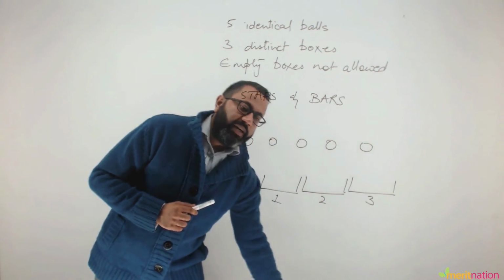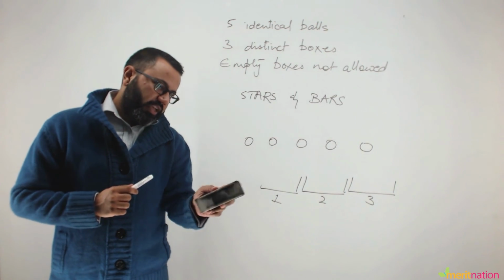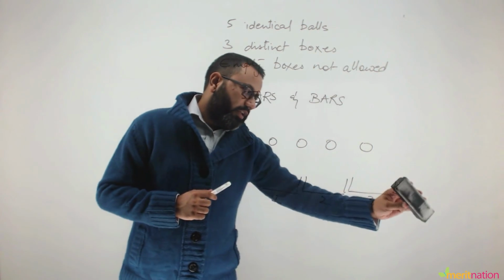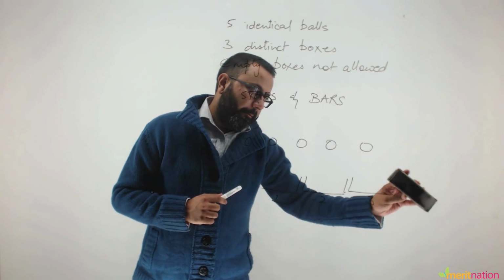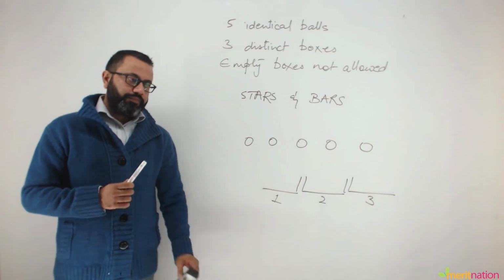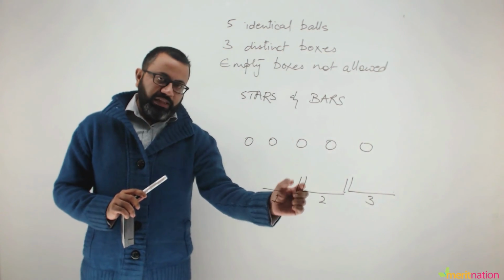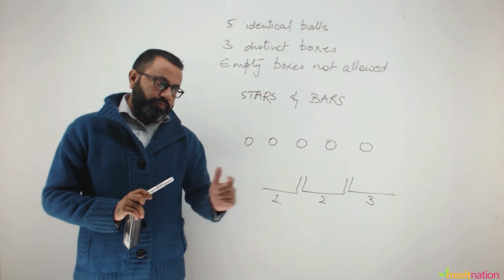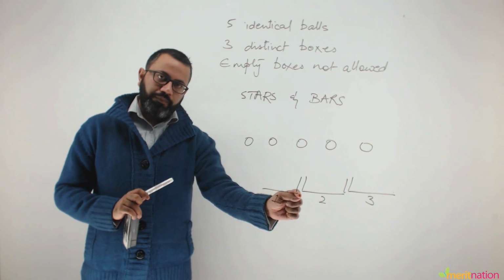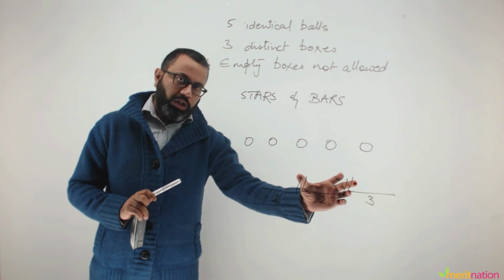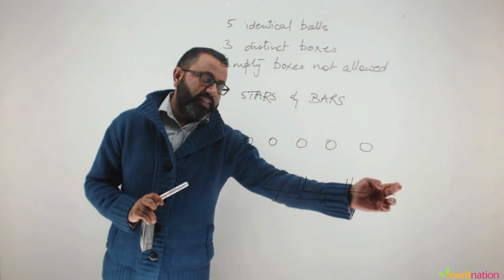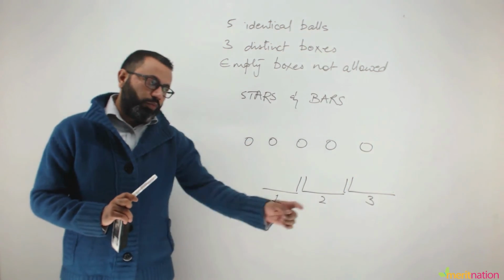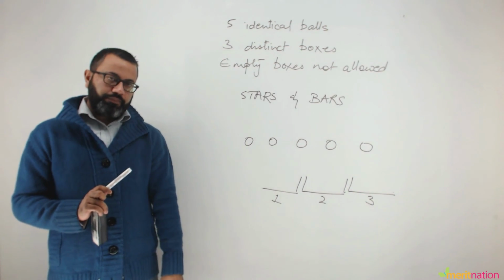It should still be easy to identify these boxes if I were to remove the first and the last boundary on these boxes. So the space before this common wall is box 1. The space between these 2 walls is box 2. And the space beyond the second wall is box 3.